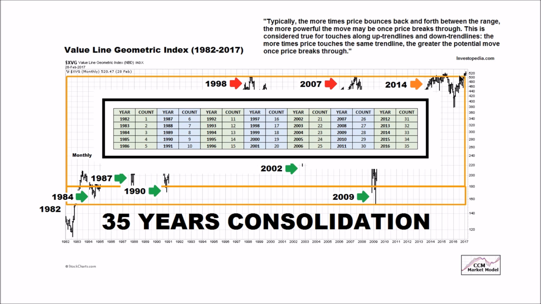The longer price holds the breakout, the more relevant it becomes. Like everything we cover in these videos, this chart cannot predict the future. It just helps us with probabilities. And it's logical to surmise that 35 years of consolidation falls into the greater the potential move once price breaks through category.